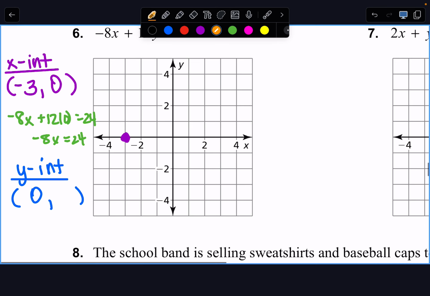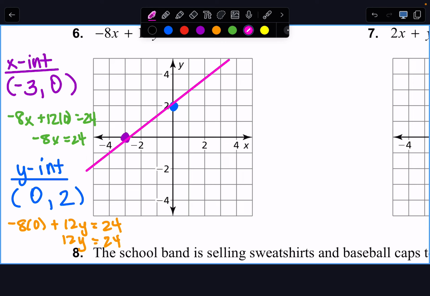So if I plug in -8 times 0 for x, negative 8 times 0, poof, it's gone. And we have 12y equals 24. What's our y-intercept? 2.